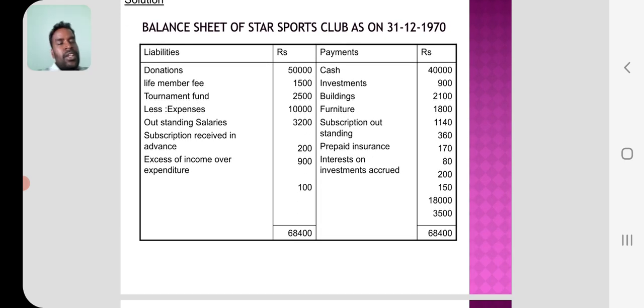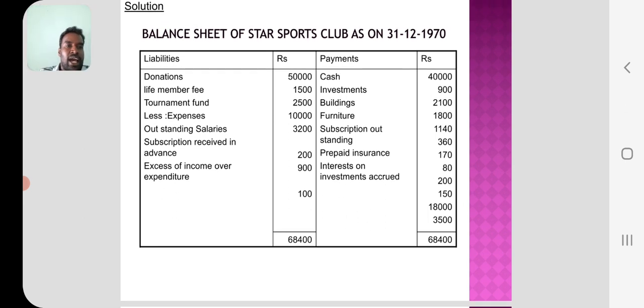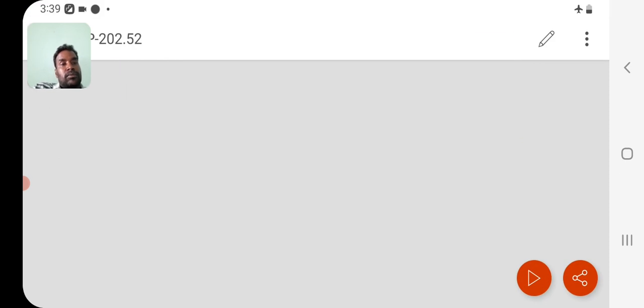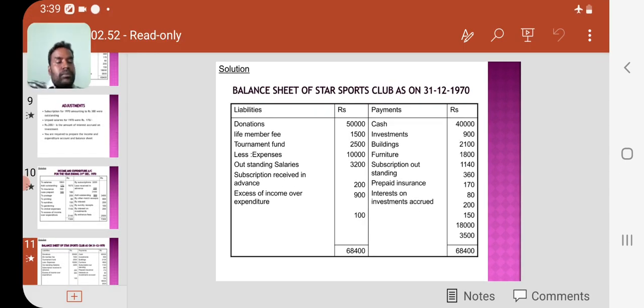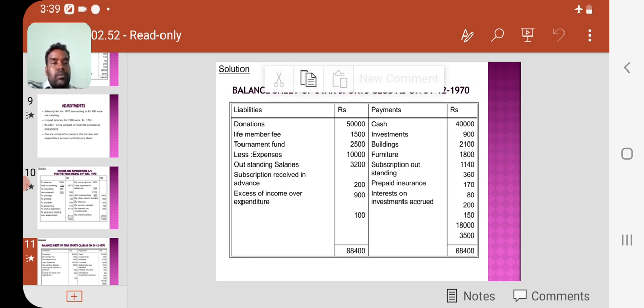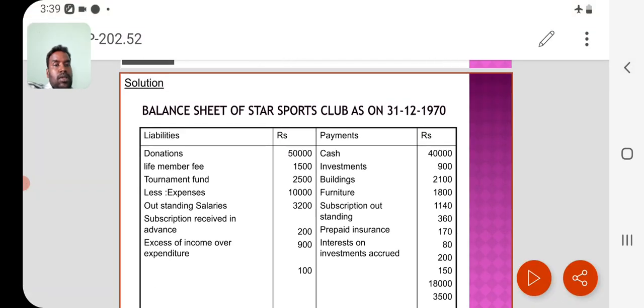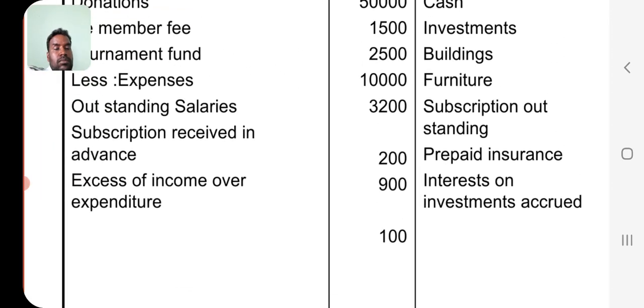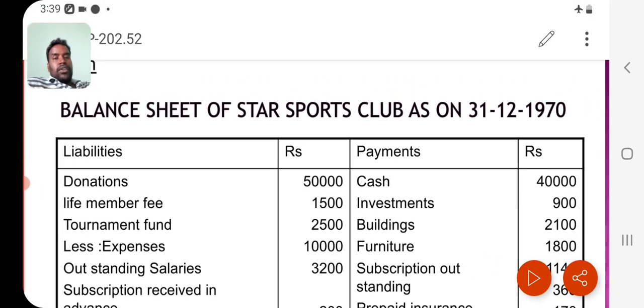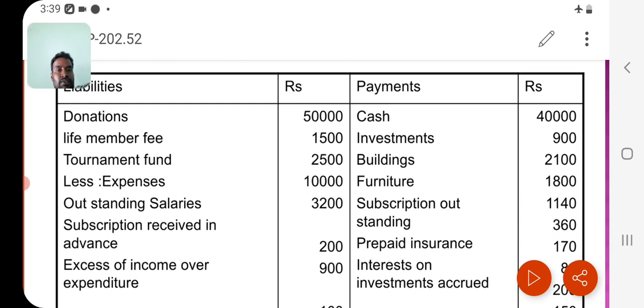Next, the balance sheet of Star Sports Club as on 31/12/1970. Donations 50,000.